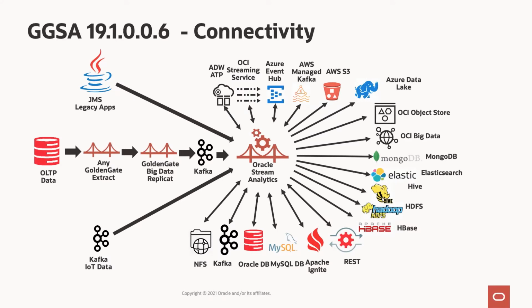And also you have lookups and other integration with Kafka, Oracle database, MySQL database, Apache Ignite, REST, ADW and ATP, OCI Streaming Service, Azure Event Hub, AWS managed Kafka. All of them can be considered as sources, and as targets.